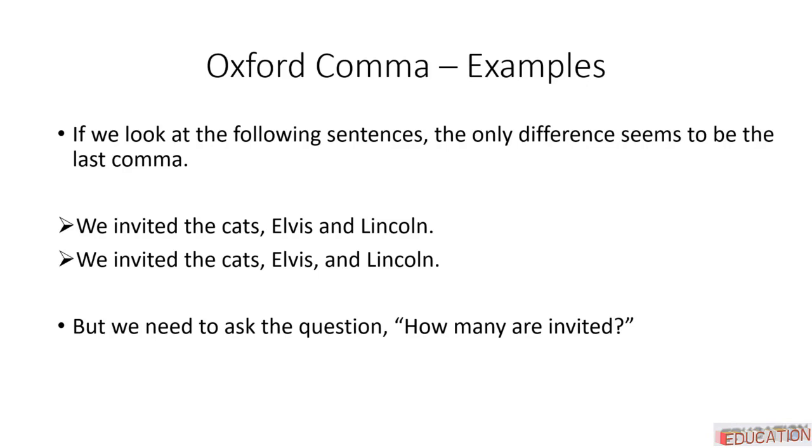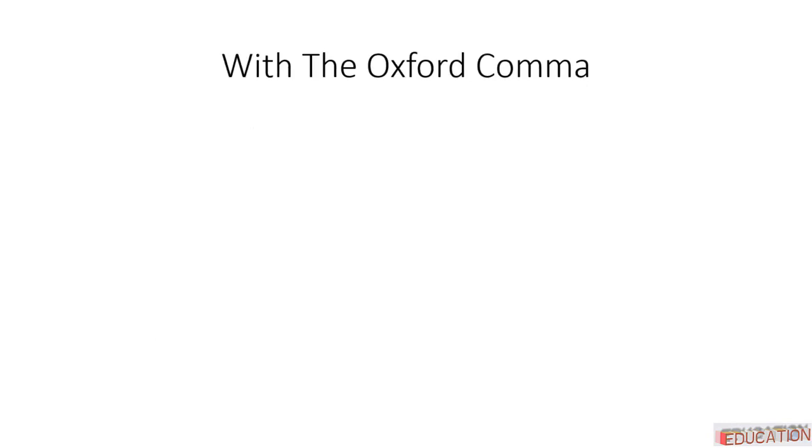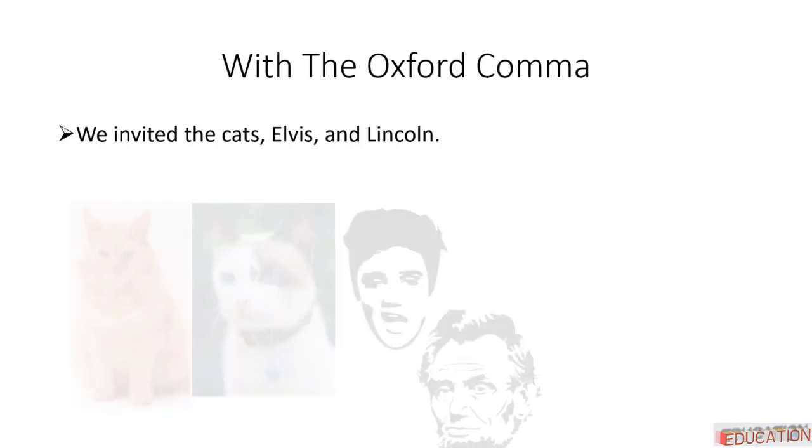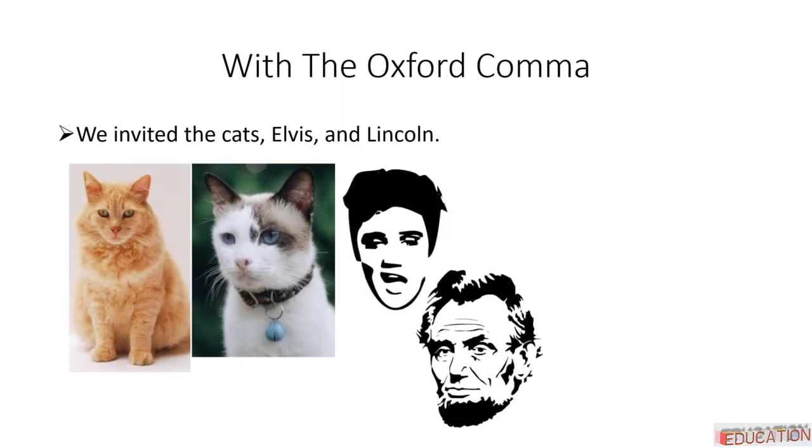And this is where the Oxford comma makes a difference and is used in UK English. So with the Oxford comma, we invited the cats, Elvis, and Lincoln. And as we see, there are 4 people, things invited. 2 cats, Elvis, and Lincoln, making 4.